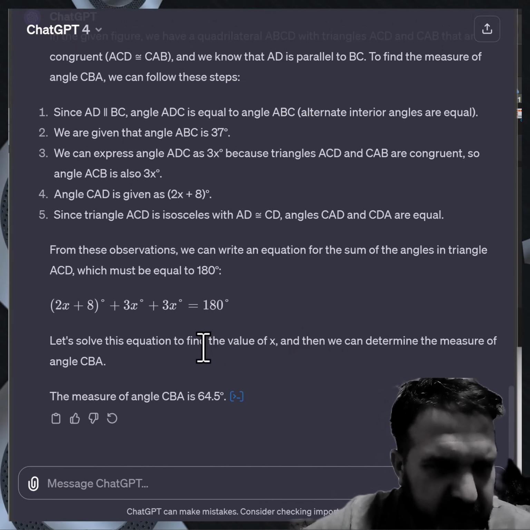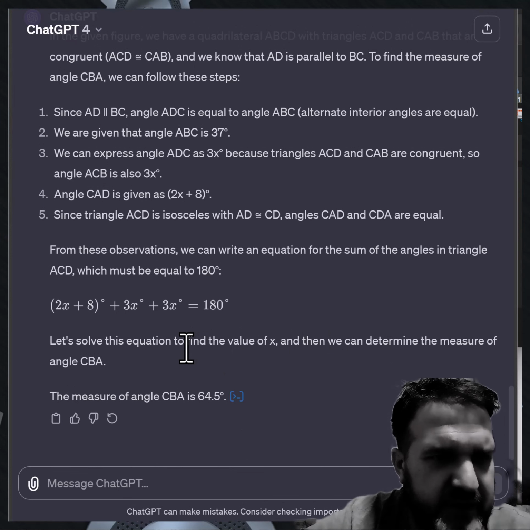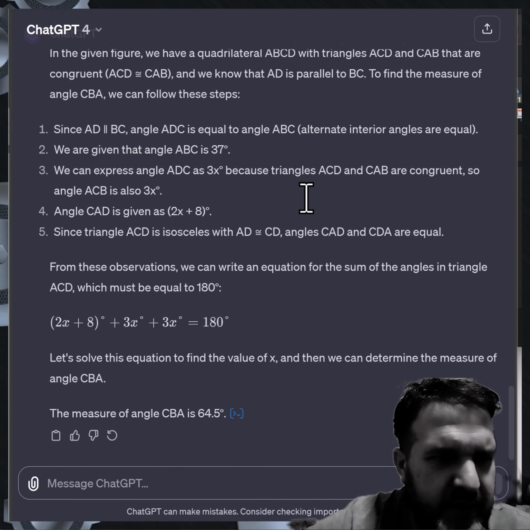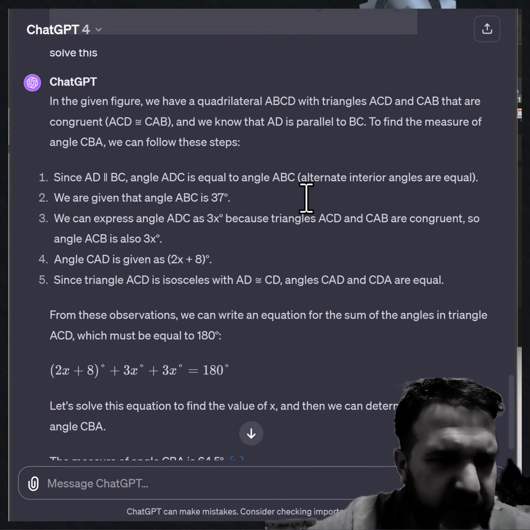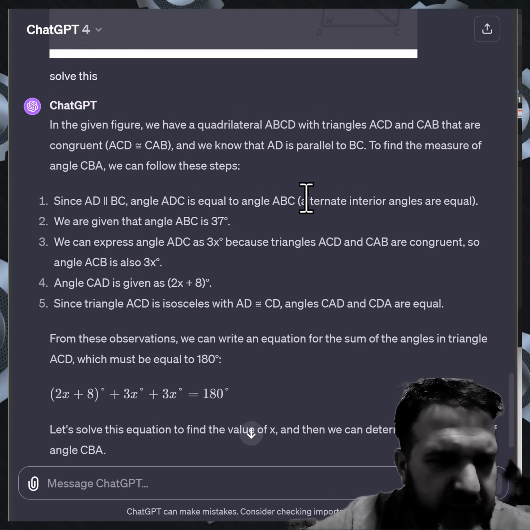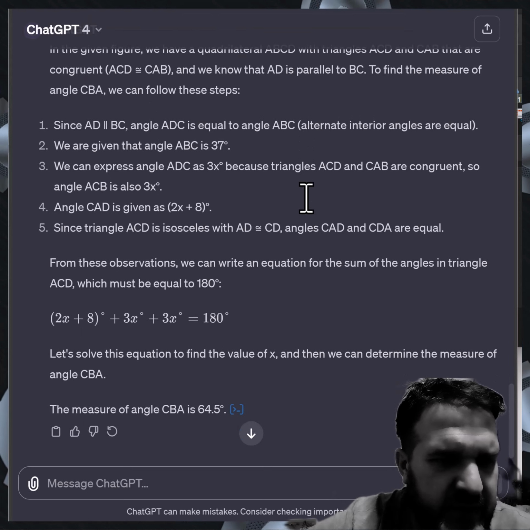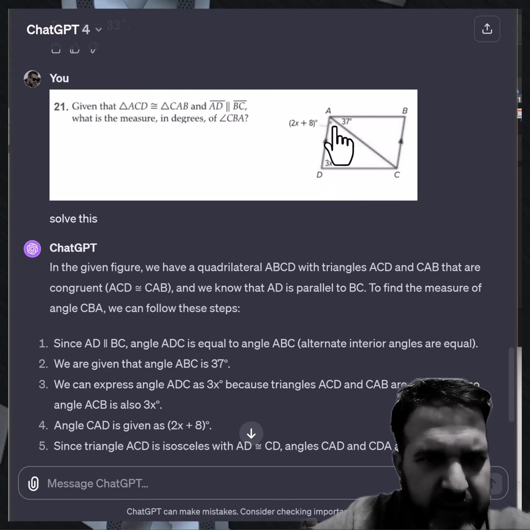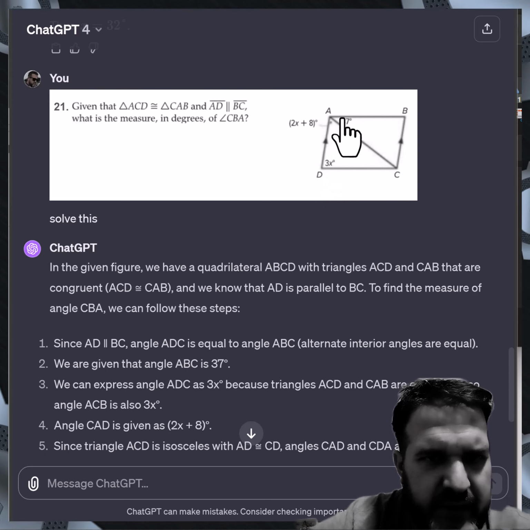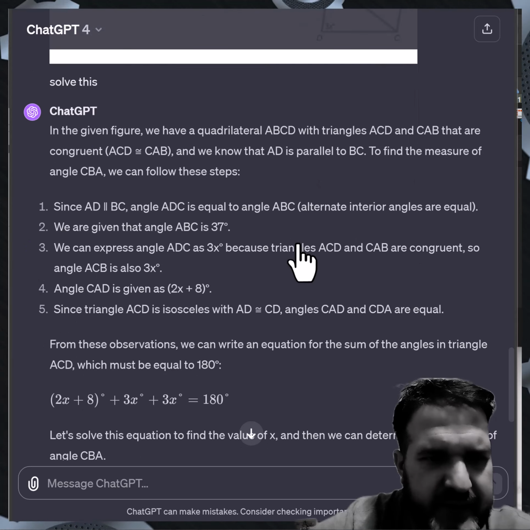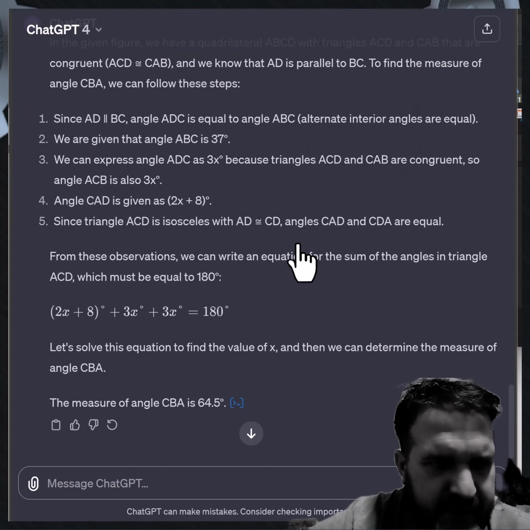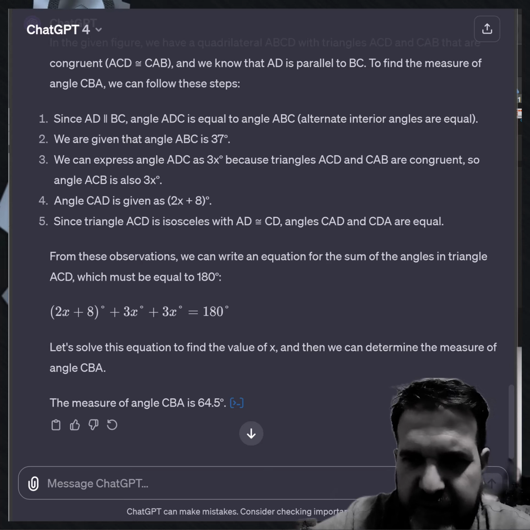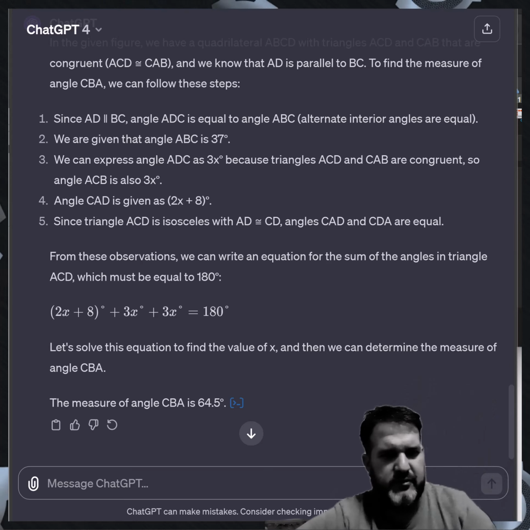Now let's solve this equation. So basically it says plus 3x is 180. Let's solve the equation and find the x. Measure, okay, and CBA is 64.5. So basically it solved for x without really explaining this. Let me see if it even solved it right.